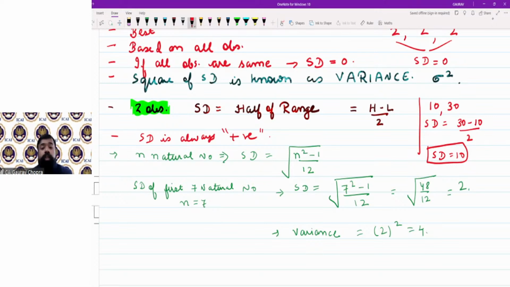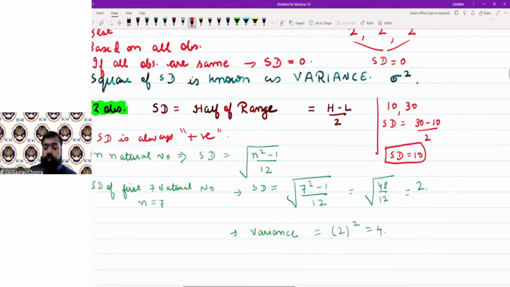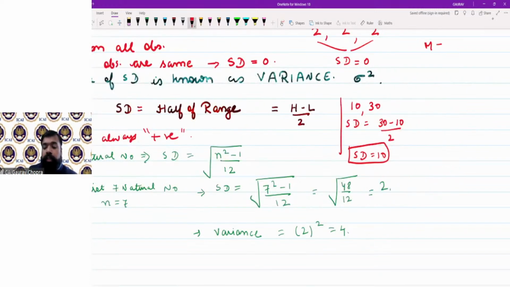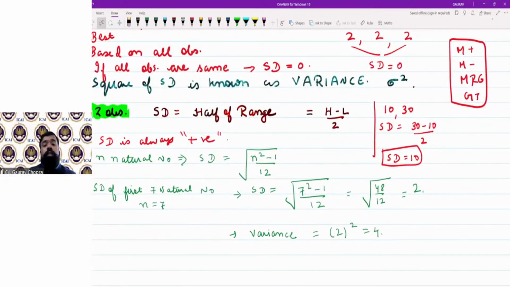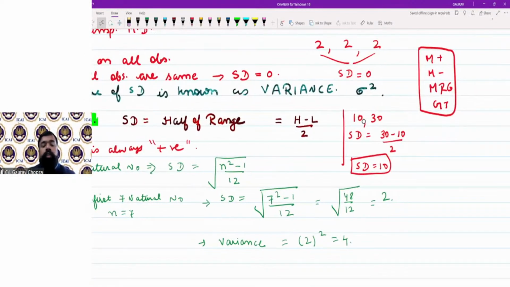See, Vaishnavi, you can buy a basic normal calculator which has all the functions, especially memory function. You must have memory function, that is M plus, M minus, MRC, and also the GT button, that is gross total. If all these basic things are there, you can buy that calculator. And always try to purchase a good quality calculator, because it is the only thing which will help you in examinations.